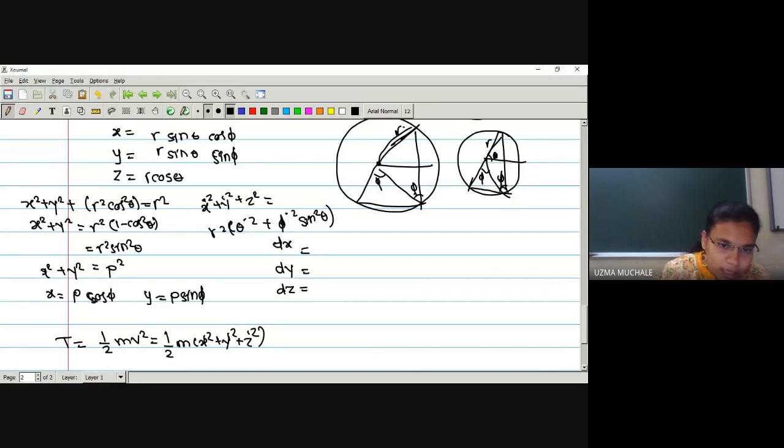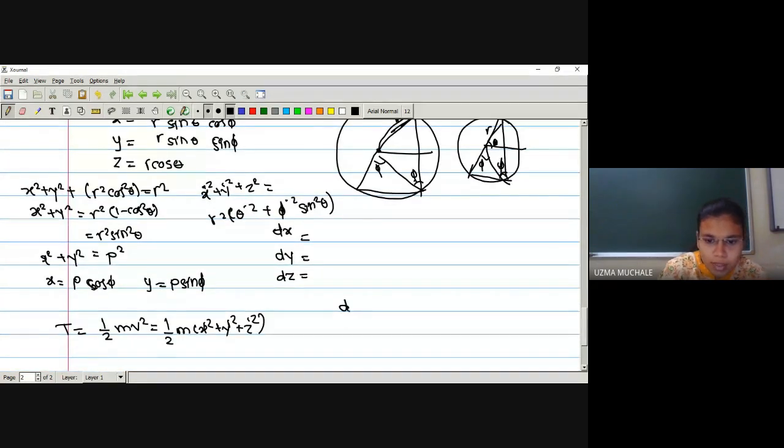So instead of having x dot, here we have dx. Okay. So instead of having dot, we will write d, right? So instead of writing all those, can I write directly what will be the value of dx square plus dy square plus dz square?